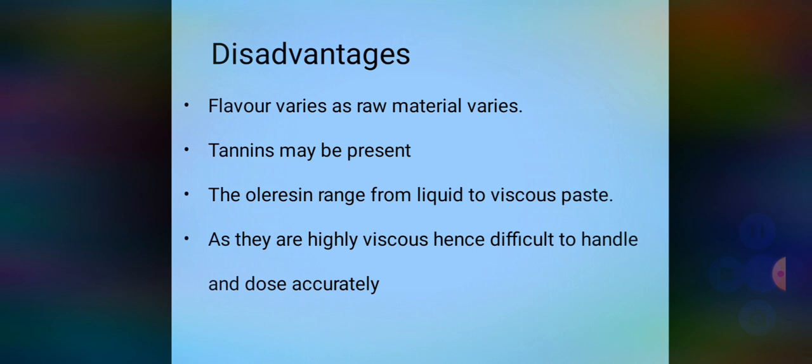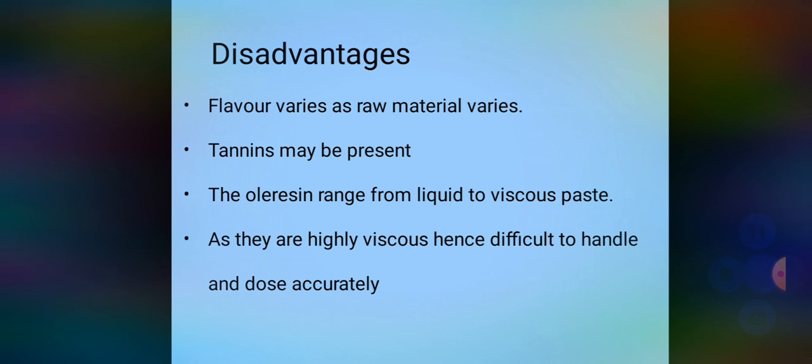In short, we'll see what are the differences between spice oil and oleoresins. Here they are not mentioned, but I will tell you what the differences are. The basic difference is that they are extracted by different methods.